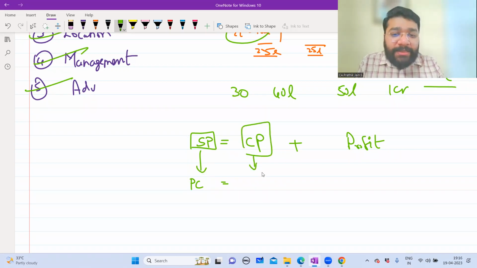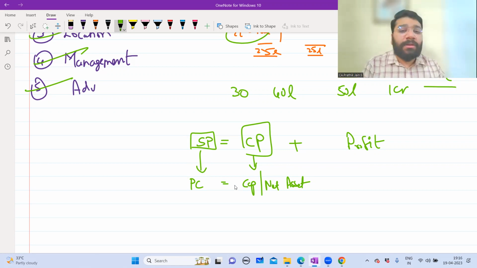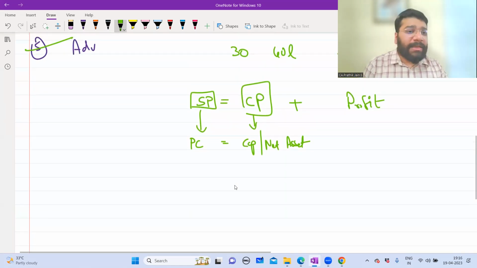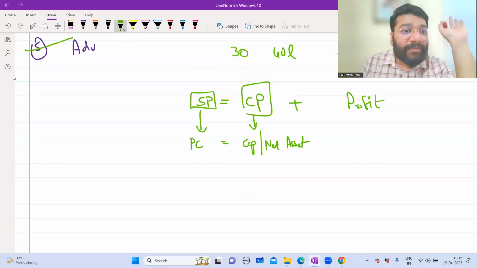Cost price here means your capital, which is also called net asset. The 15 lakh rupees, what you asked as the minimum, that is called capital. Capital, in other words, is called net assets. In 11th standard, you would have studied a topic called the accounting equation, where they said that asset is equal to liability plus capital.